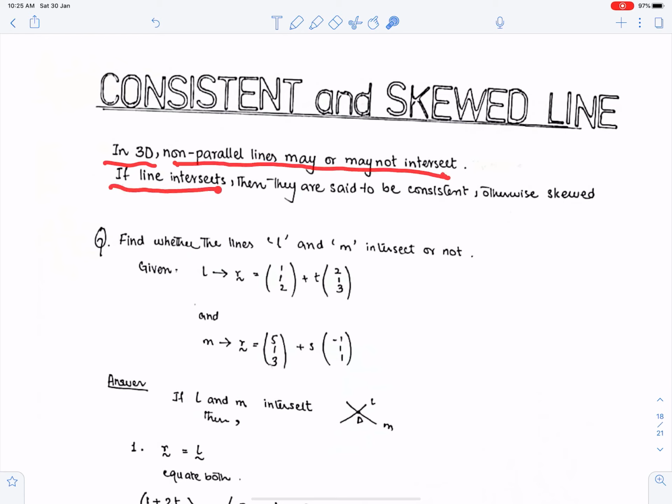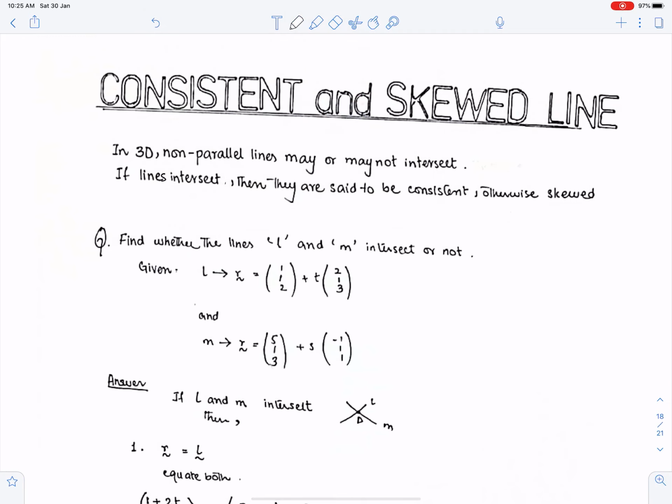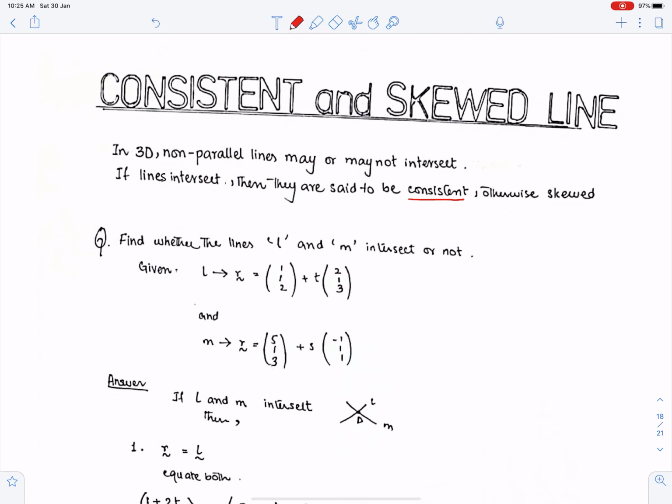If lines intersect, then they are said to be consistent. Otherwise skewed. So when lines intersect, they are consistent.